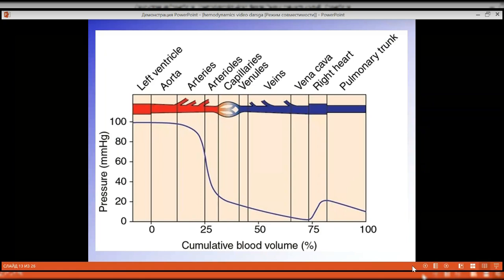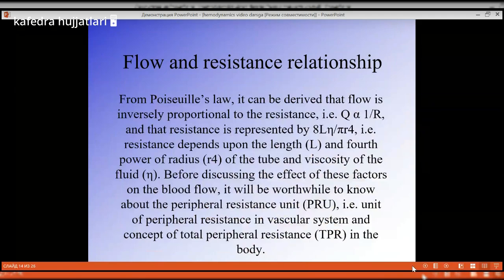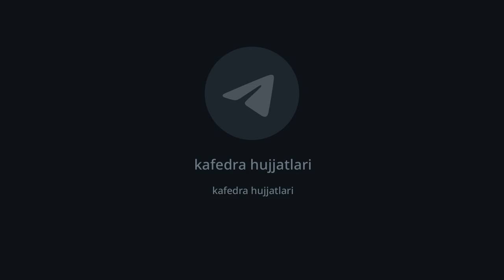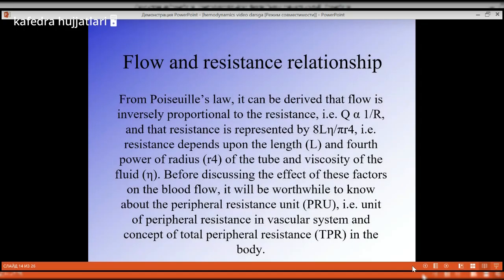Flow and resistance relationship. From Poiseuille's law, it can be derived that flow is inversely proportional to the resistance. Before discussing the effect of these factors on blood flow, it will be worthwhile to know about the peripheral resistance, the unit of peripheral resistance in the vascular system, and also the concept of total peripheral resistance.